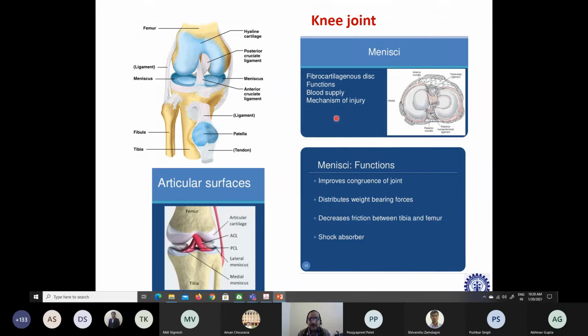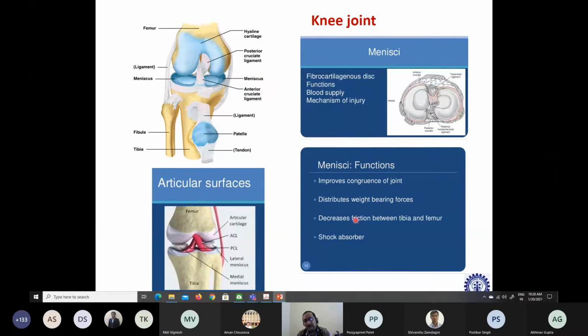Now, let us first discuss the meniscus. The meniscus is basically a fibrocartilaginous disc, and it has specific functions. If you look into the individual functions, it acts as a shock absorber in the whole structure.